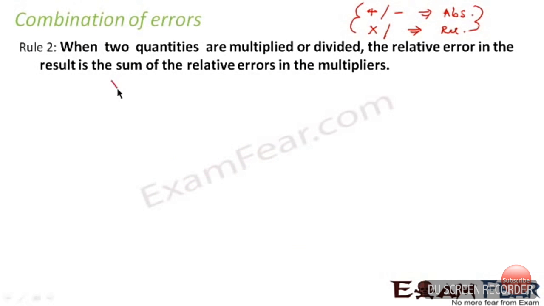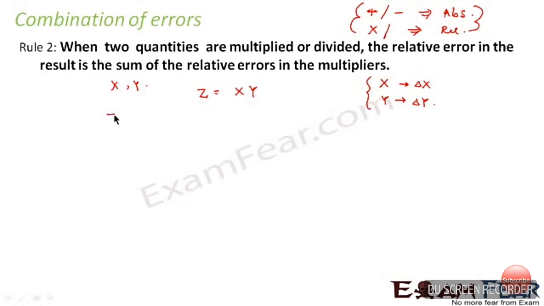Let us suppose we have two quantities x and y, and a third quantity z is equal to the product of x and y. Even here, we assume that x has some error, say delta x involved with it, and y has some error, say delta y involved with it.